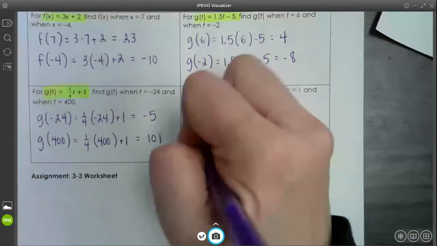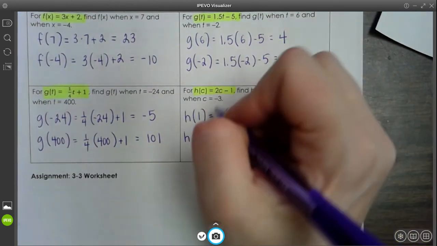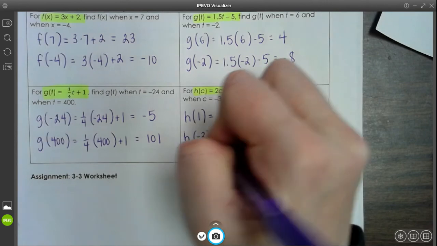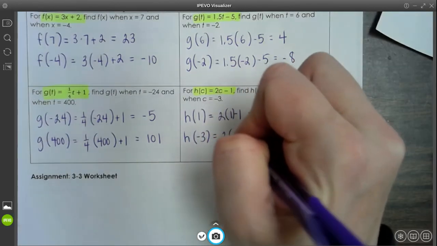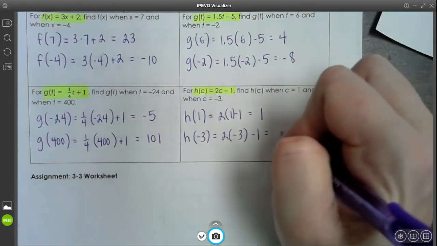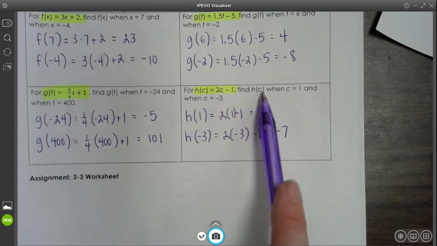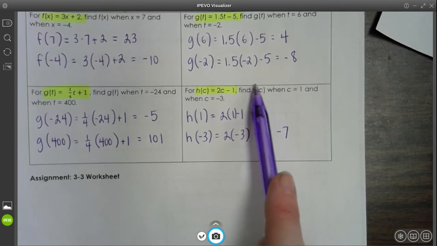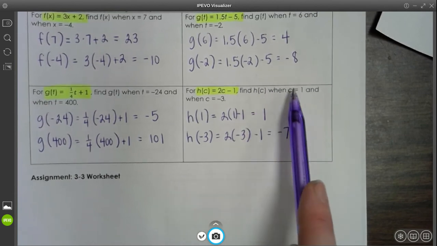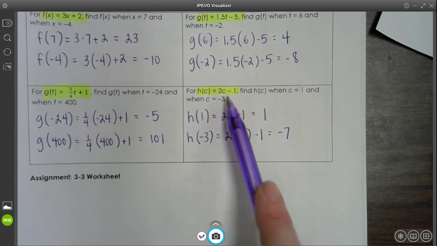And then if I take h of -3, I'm going to have 2 times -3 minus 1, which is actually a -7. Okay, function notation can be a little bit tricky at first, but you just need to know that really all it means is y. Like h of c like this means find the y value when your x value is this and this.